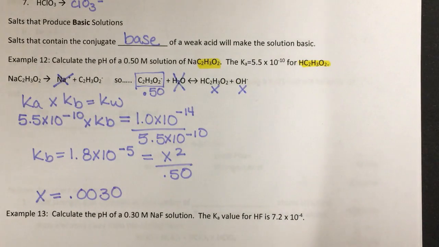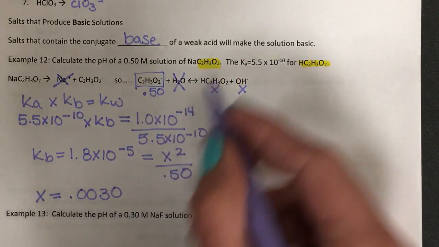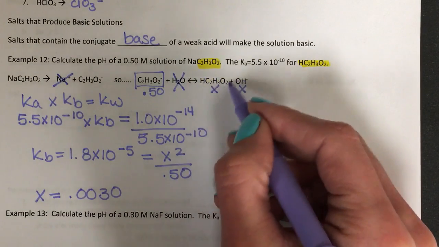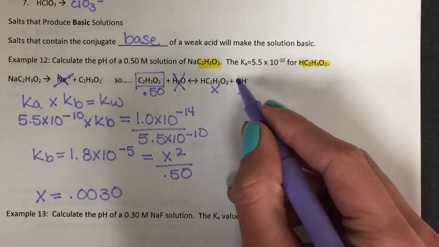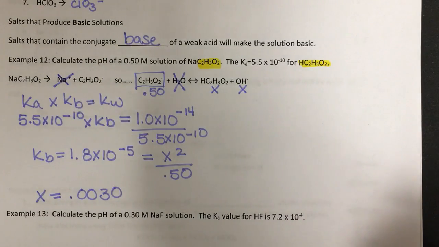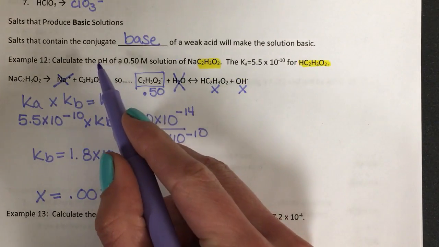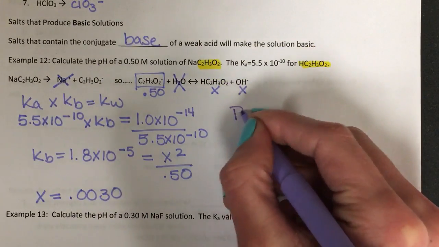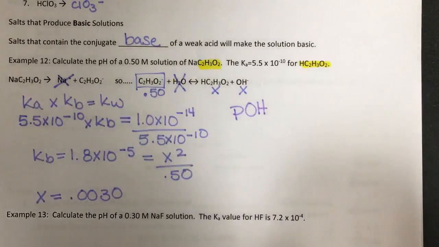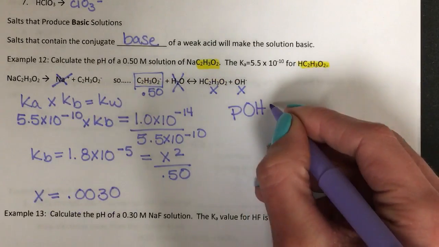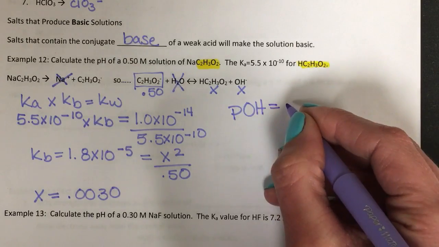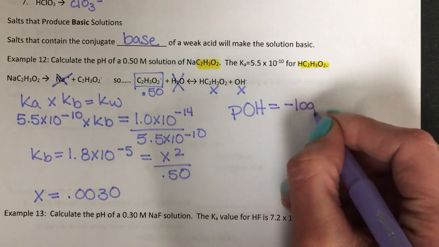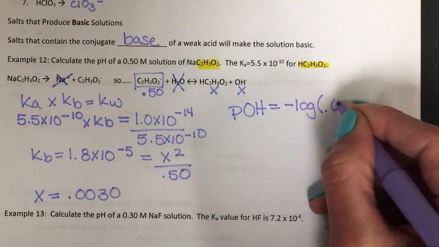Well, here's the problem. This is the concentration of acetic acid and the concentration of OH. So I can't solve for pH yet, but I can solve for pOH. Remember, pOH is equal to the negative log of the OH concentration.